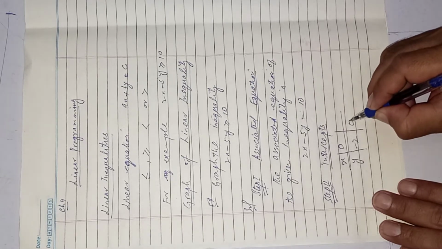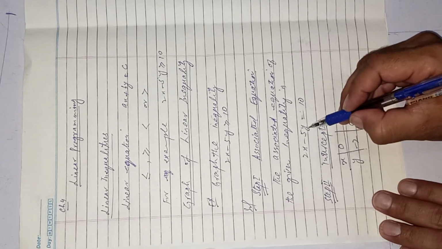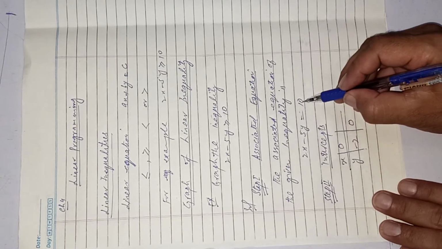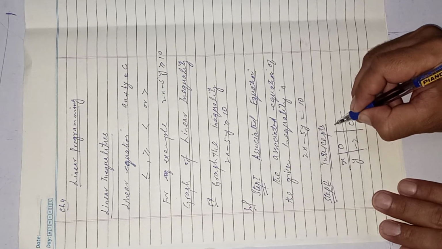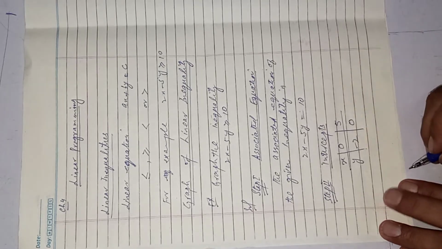Now for y is equal to 0, we have 2x is equal to 10. Then dividing both sides by 2, we have x is equal to 5.